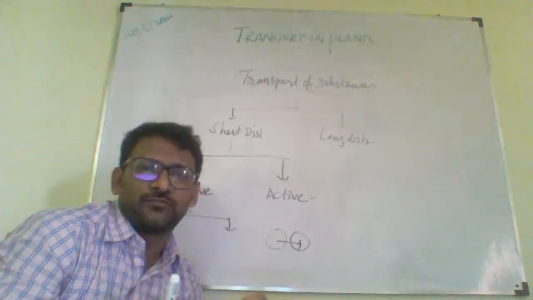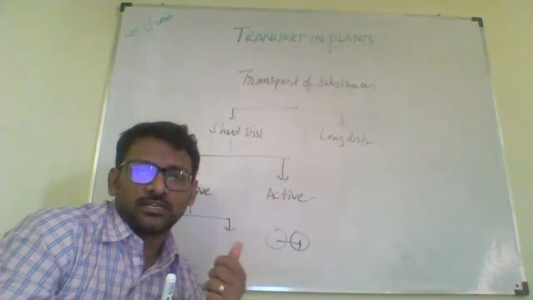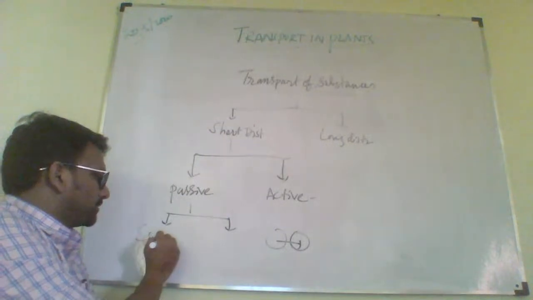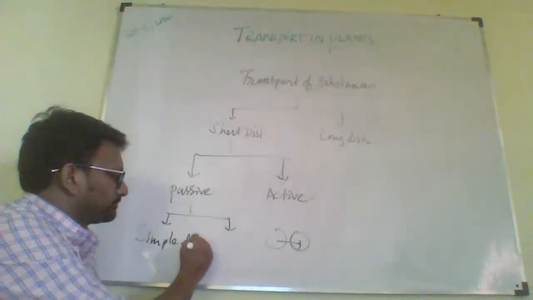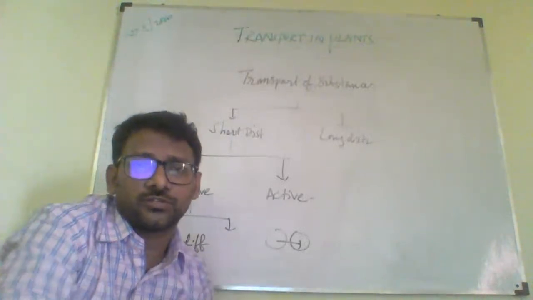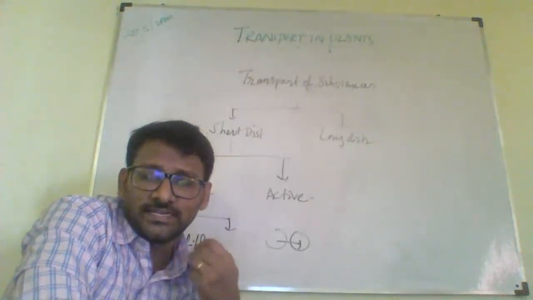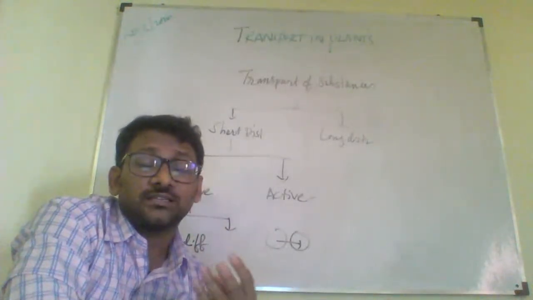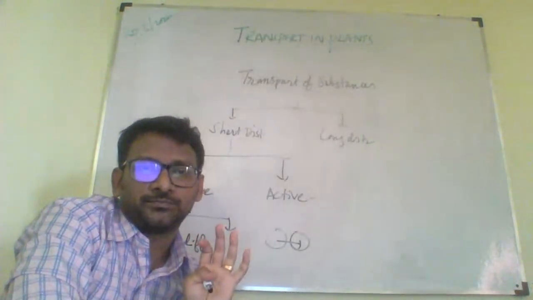Passive transport can occur by simple diffusion. You would have studied already in 11th standard what diffusion is. Diffusion helps in shorter distance transport of molecules where no energy is required.